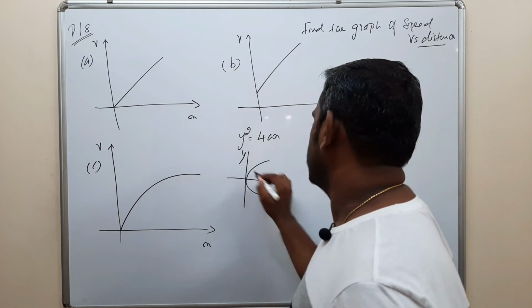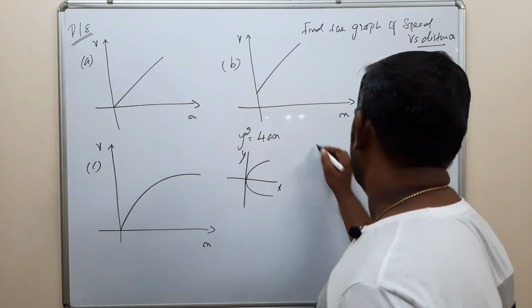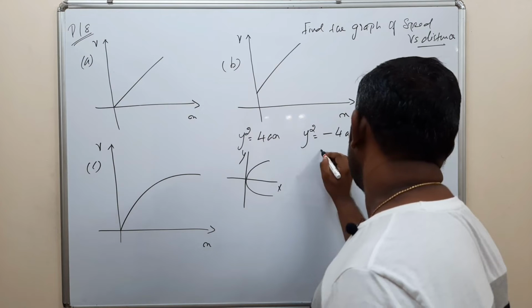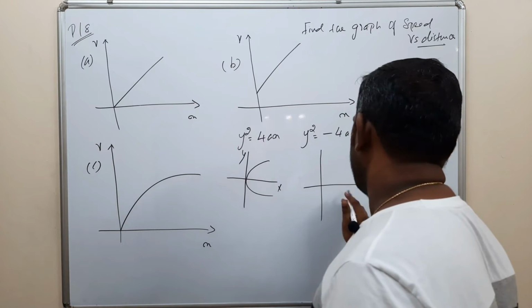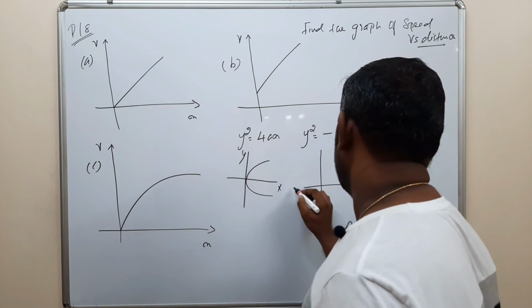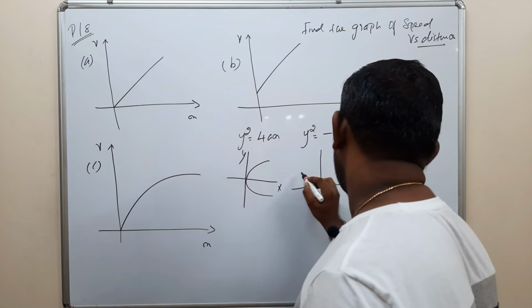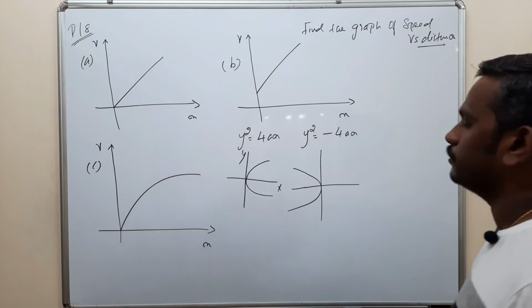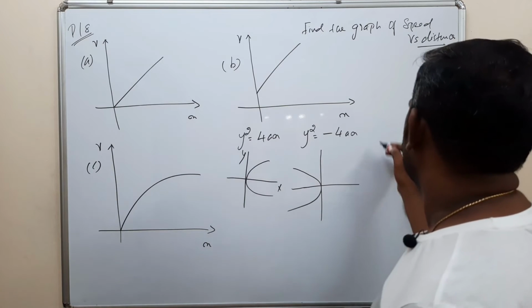This is the y axis and this is the x axis. Then y square is equal to minus 4ax, the parabola y square is equal to minus 4ax.